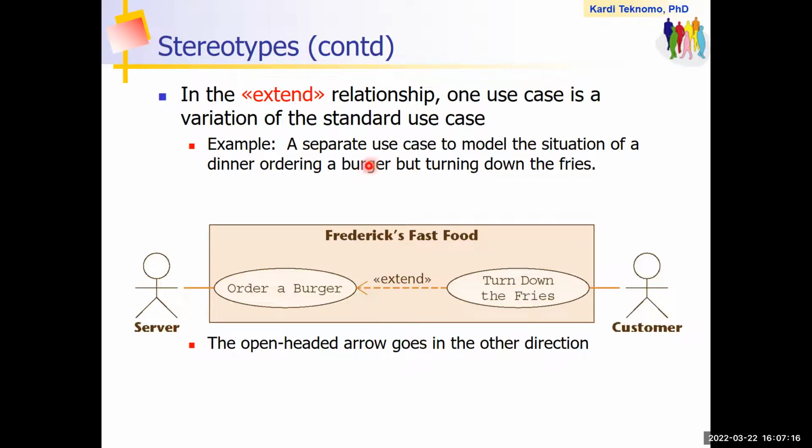For example here, a separate use case model of order burger and turn down the fries. So who will turn down the fries is the customer. Who will order the burger is the server, for example.